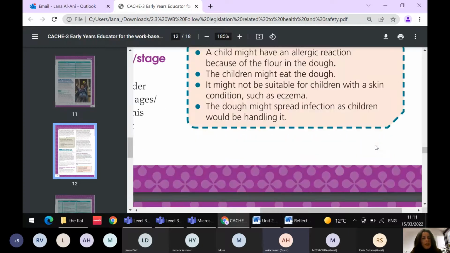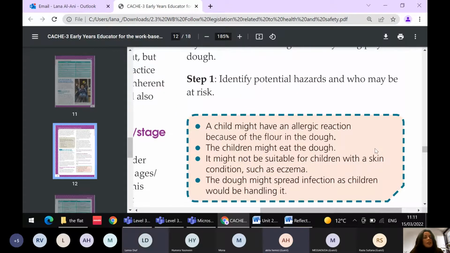For example, if the child has an allergic reaction, we might need to check if the food has this allergic item inside. Also, if the child is eating something not suitable for them, for example, they have a skin condition.